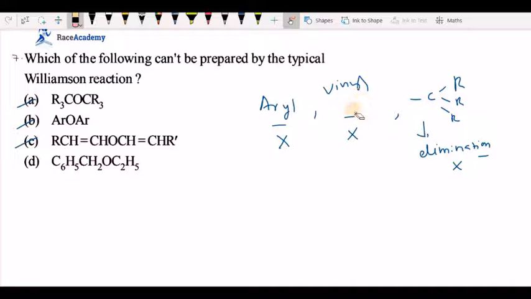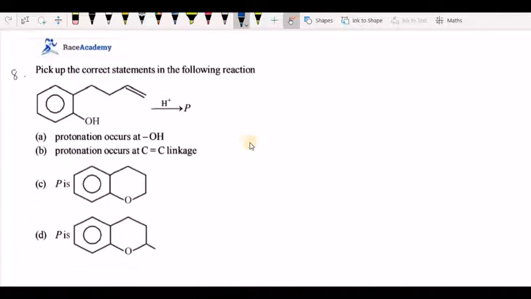I can say this is a vinyl group. In a vinyl group also it is not possible. So the right answer for this question is A, B, C. Moving on to the next question.